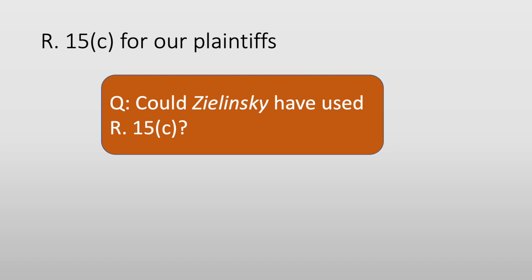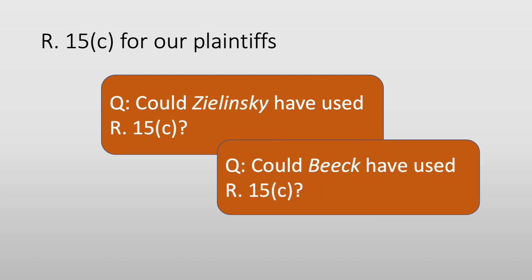So let's just assume that it wasn't available for our plaintiffs here that we've dealt with. Think about Zelinsky and whether this could have been useful for him. And now think about Beek and whether this could have been useful for him. Could Beek have used Rule 15C? Just walk through the rules requirements and see how it plays out in both of these cases.